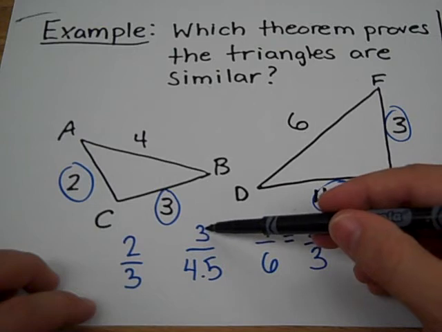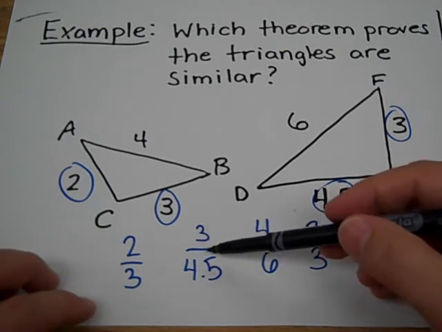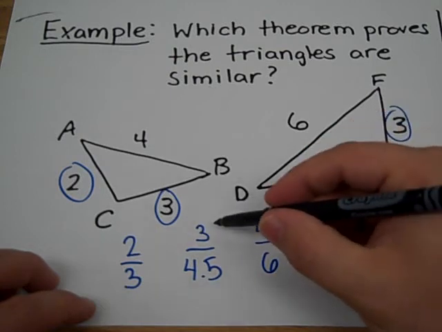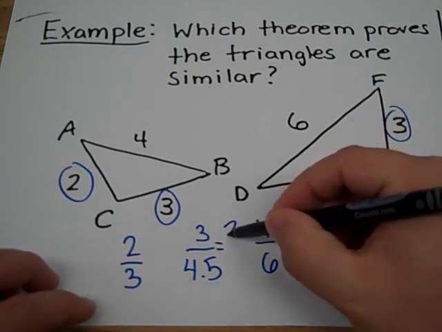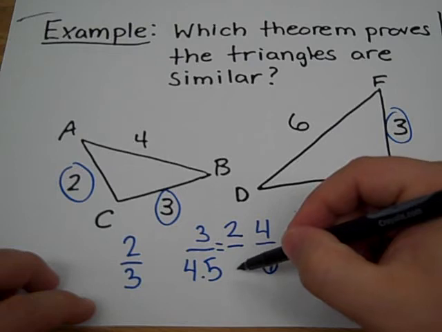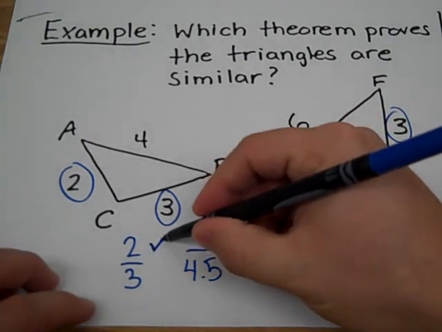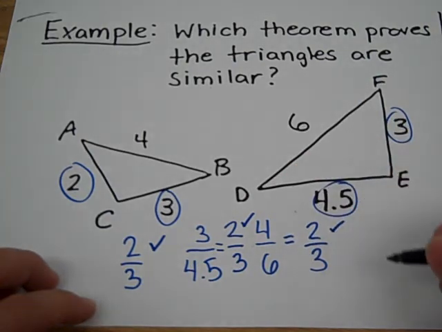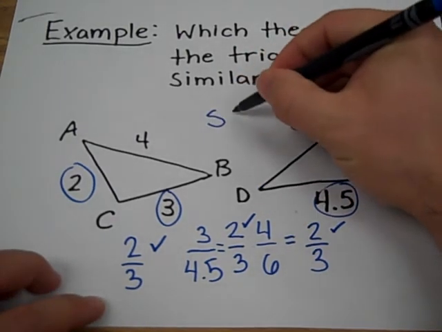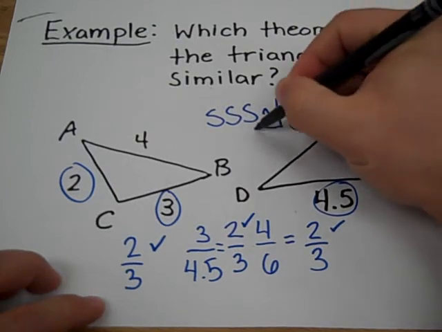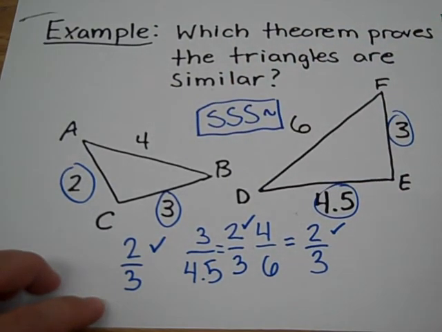I can see that if I divide 3 and 4.5 both by 1.5, 3 divided by 1.5 is 2. 4.5 divided by 1.5 is 3. So I have a scale factor of 2 over 3. All the corresponding sides create the same fraction, 2 over 3. So these two triangles are similar by side, side, side similarity.